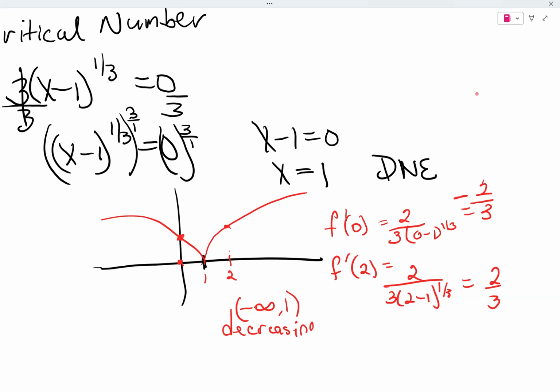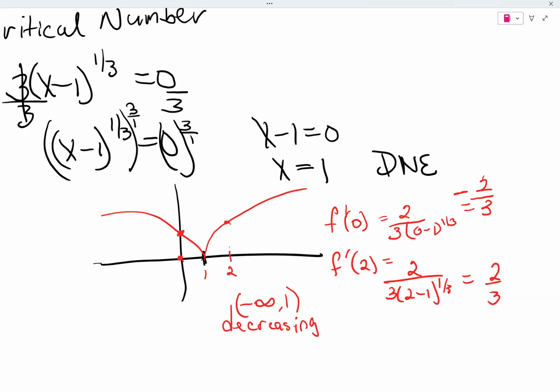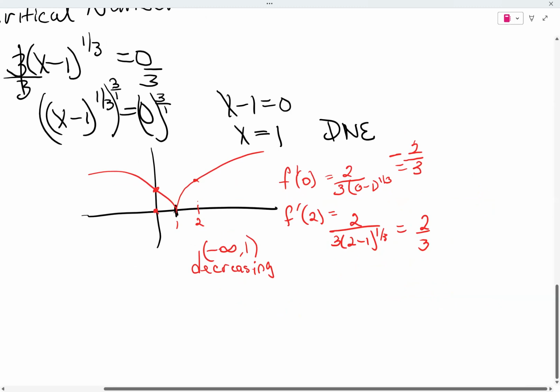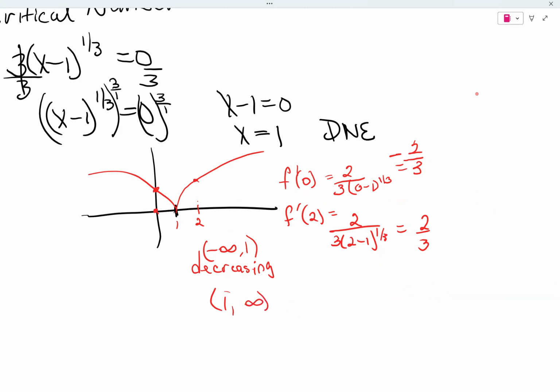Because remember, we read this left to right, so on the second side of the graph, we're looking at 1 comma infinity, in which case this is increasing left to right. But the first derivative at that point does not exist.